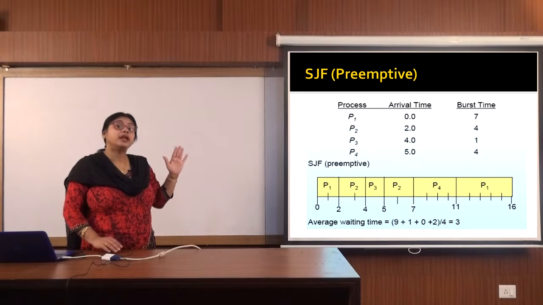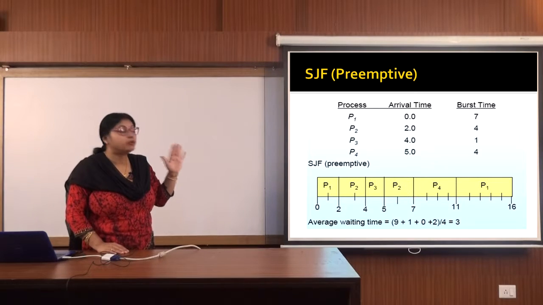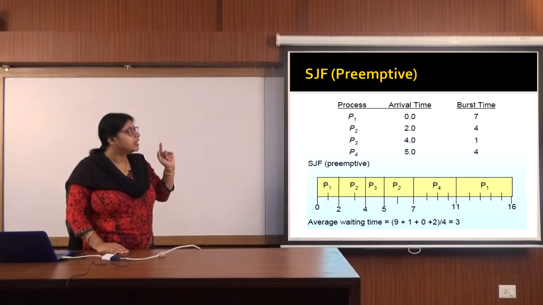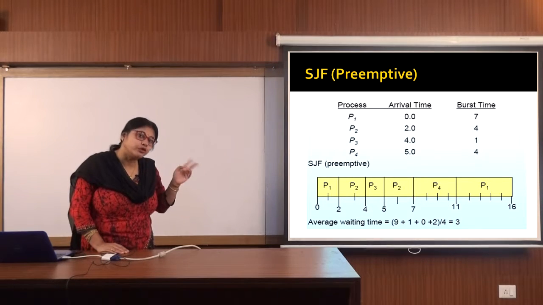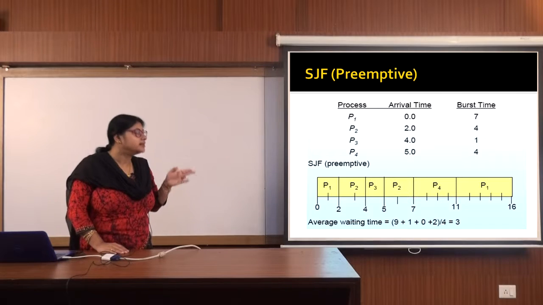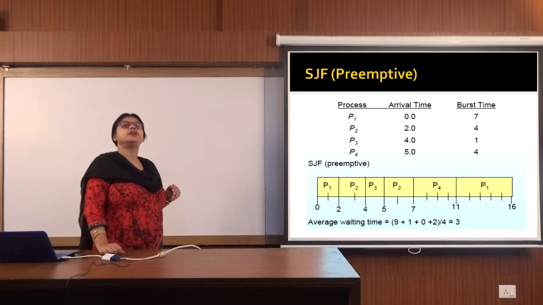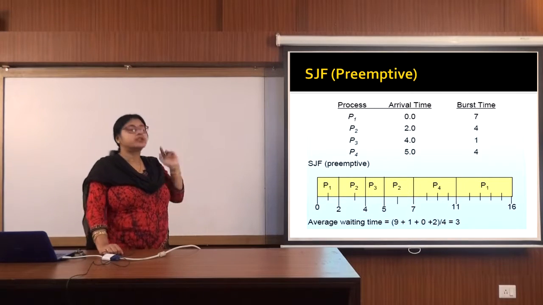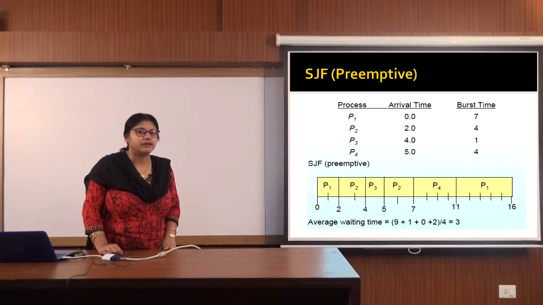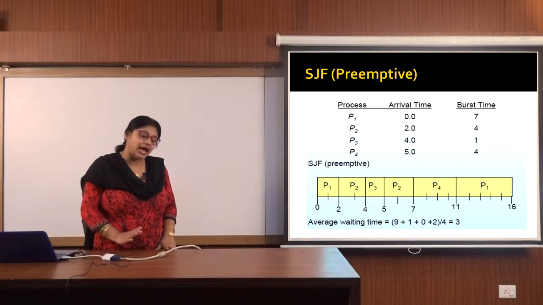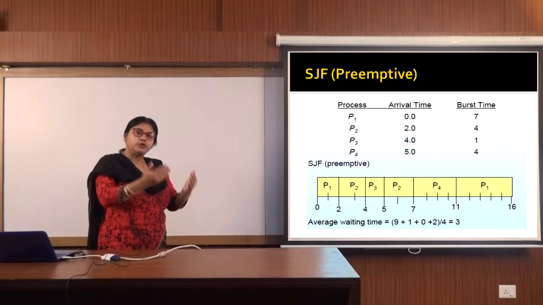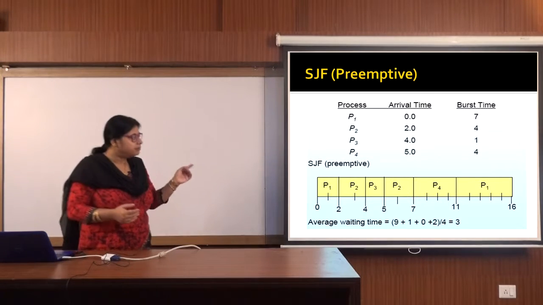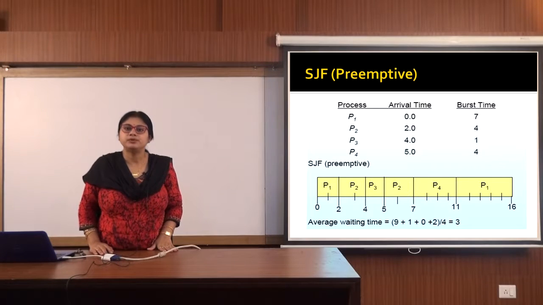The remaining burst time for process P1 is 5, the remaining burst time for process P2 is 2, 4 minus 2, and the burst time for P3 is 1. So out of these 3 processes, P3 has the minimum burst time. So we have to allow P3 to get inside the CPU. P2 will come out, it is preempted, and P3 is entering inside the CPU.